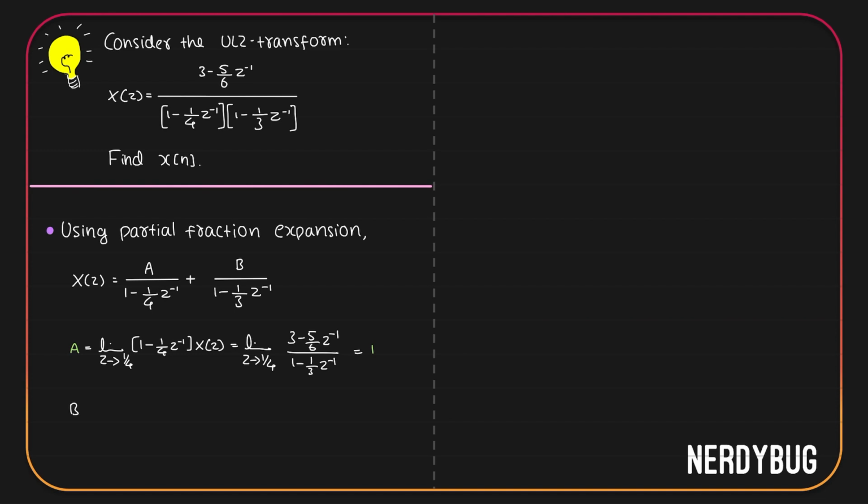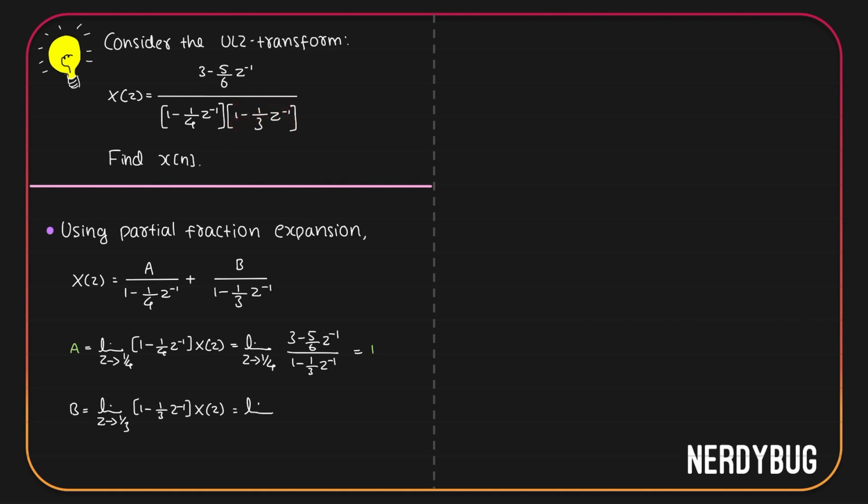We also need B. B will be the limit z tends to the pole corresponding to B, which is 1 by 3, of (1 minus 1 by 3 z inverse) multiplied by x of z. We have x of z here. If you multiply it with 1 minus 1 by 3 z inverse, this term will get cancelled.